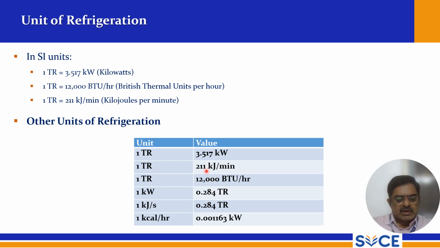So we are converting vice versa. 1 kilojoule per second equals 0.284 ton of refrigeration. 1 kilocalorie per hour is equal to 0.001163 kilowatt. These are the numbers. Try to remember, and these values will be very handy in solving problems, students. So don't forget this. Make a note and memorize these values.